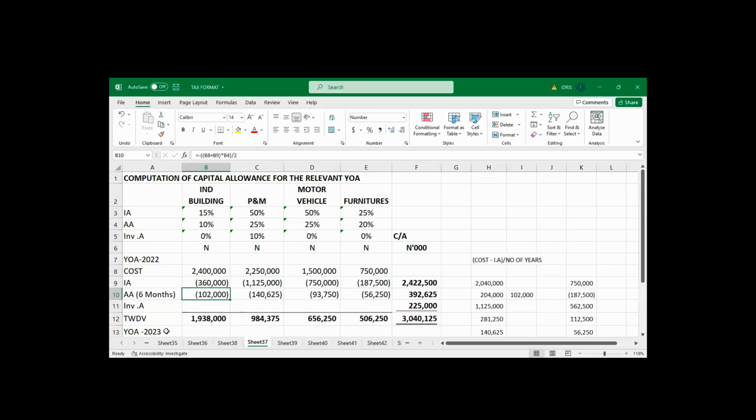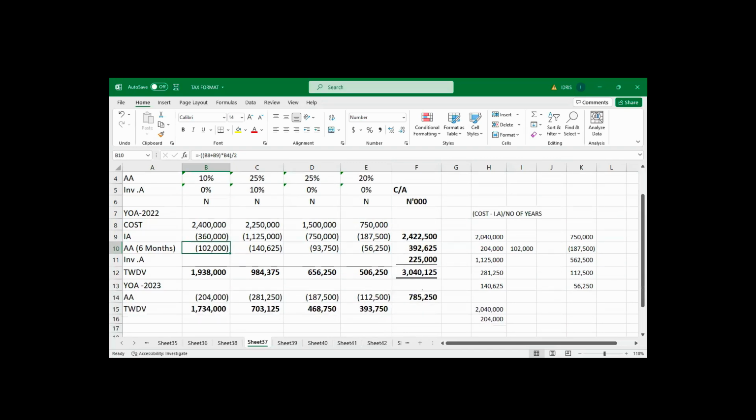So what do we do? Multiply by 2. 102 multiplied by 2 for building. For plant and machinery, 140,625 multiplied by 2.